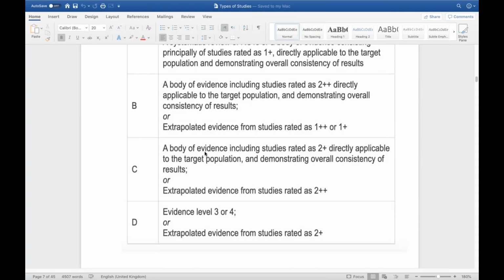Anyway, C: a body of evidence including studies rated 2+, directly applicable to the target population and demonstrating an overall consistency of results, or extrapolated evidence from studies rated as 2++.